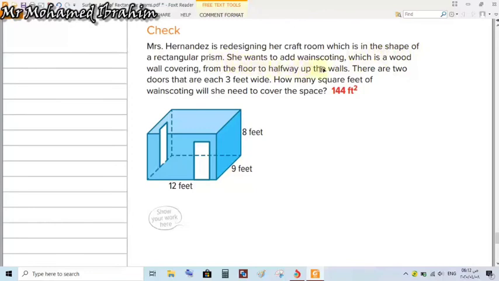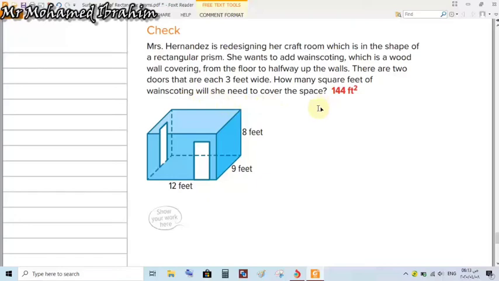She wants to add wainscoting, which is wood wall covering, from the floor to halfway up the walls. There are 2 doors that are each 3 feet wide. How many square feet of wainscoting will she need to cover the space?